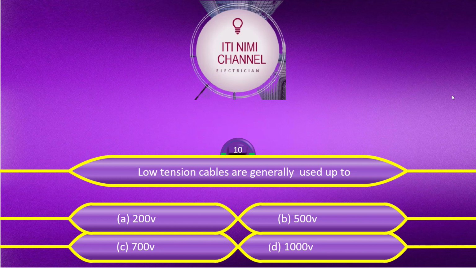Low tension cables are generally used up to 200 volt, 500 volt, 700 volt, 1000 volt. The answer is 1000 volt.